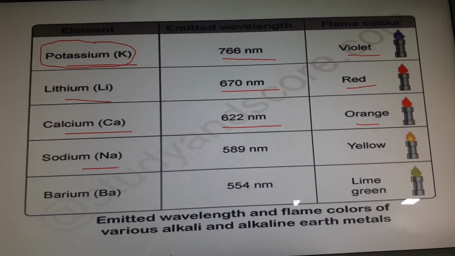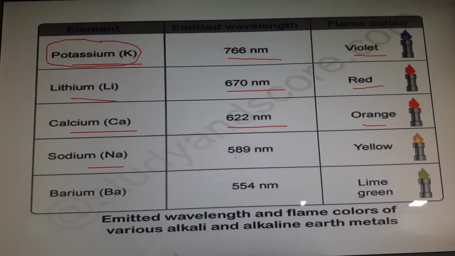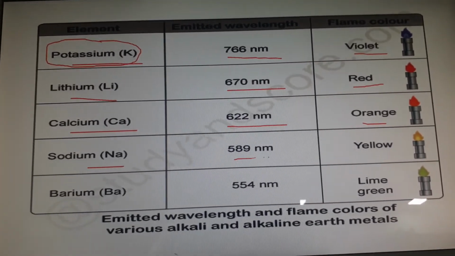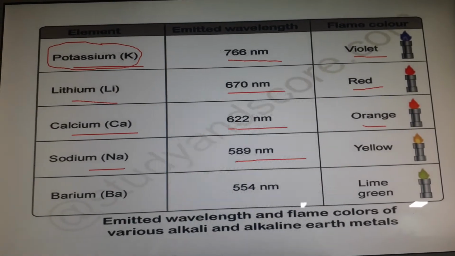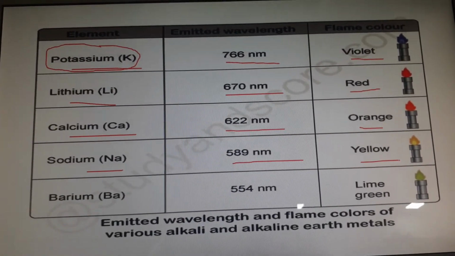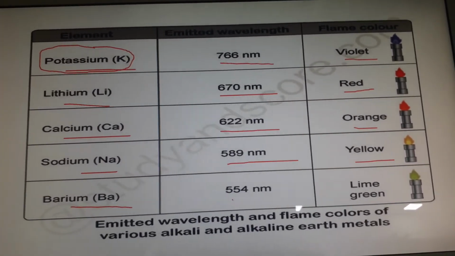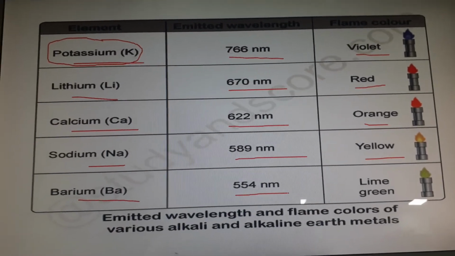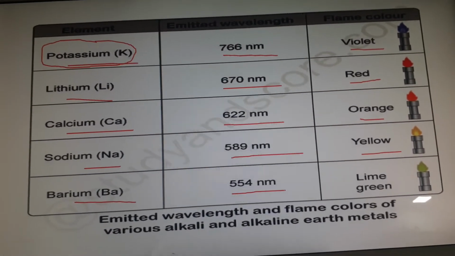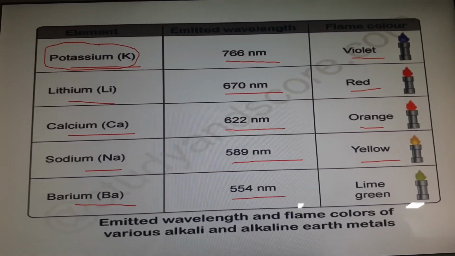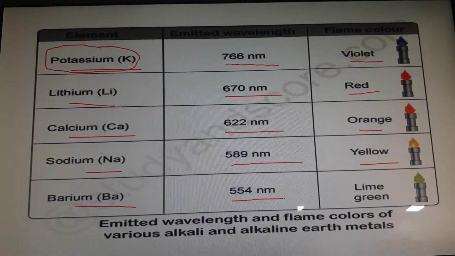If sodium is there, sodium will emit photons at a wavelength of 589 nanometers, and the color of the flame is yellow. Same if barium is present, barium will emit photons at a wavelength of 554 nanometers, and it will give a lime green color.